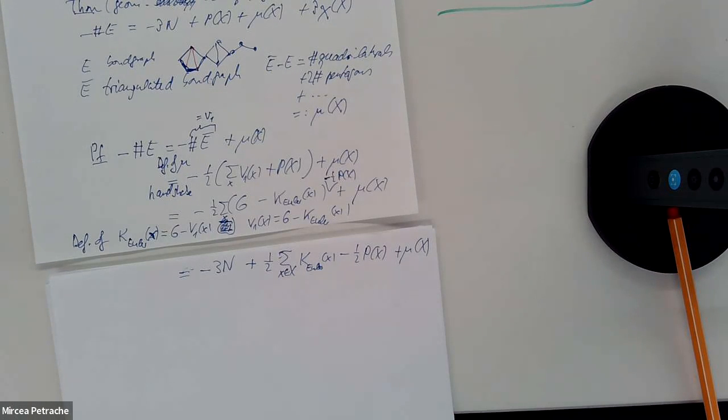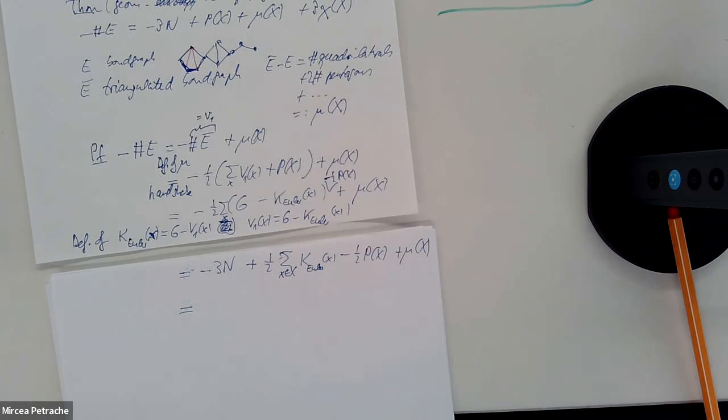Now let's be a little more careful. We want to pass to the corrected Euler curvature, corrected by boundary terms.